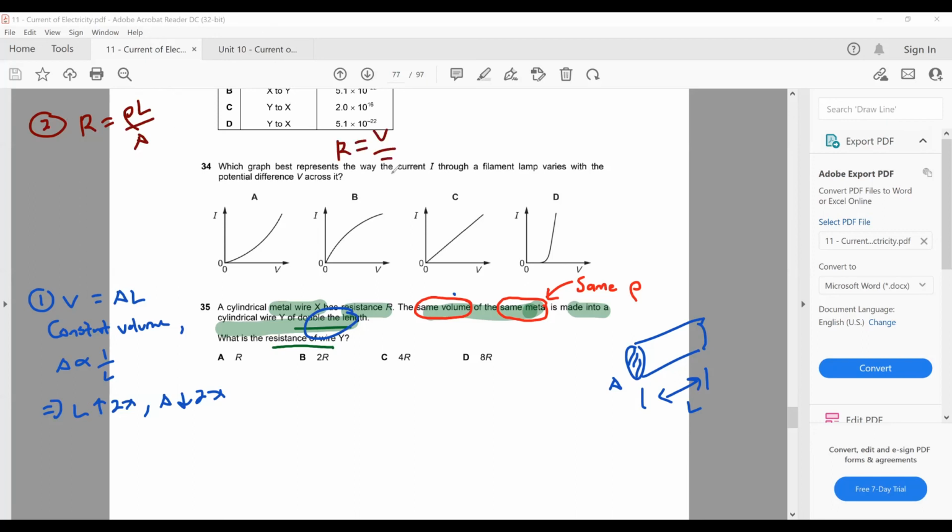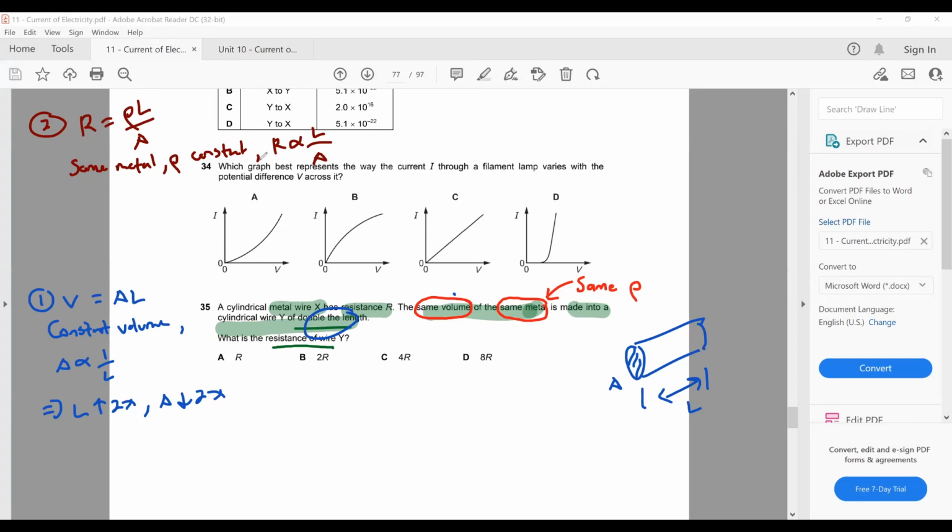R is equal to V over I, or R is equal to rho L over A. One way to know which one is supposed to be used: if the question makes mention of length or cross-sectional area, most of the time it's going to be rho L over A instead, not V over I. Okay, so now you have R is rho L over A. If you're talking about the same metal, that means rho is constant, so R is proportional to L over A. This one you know.